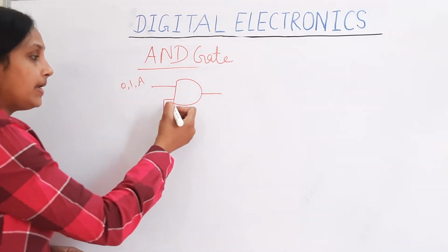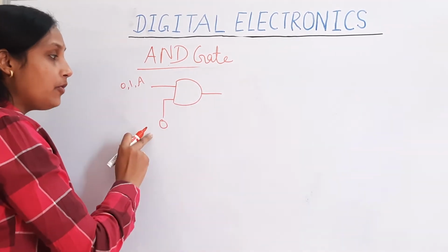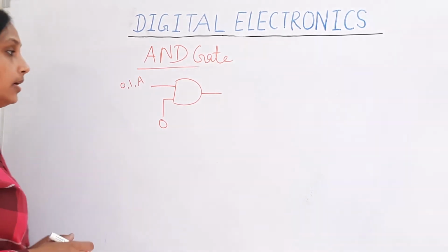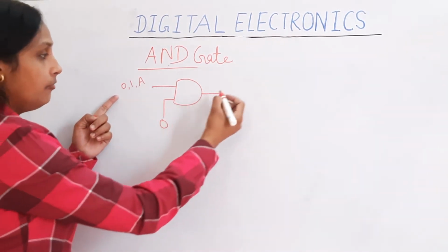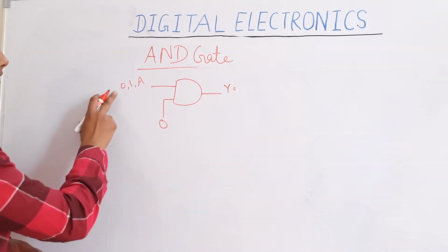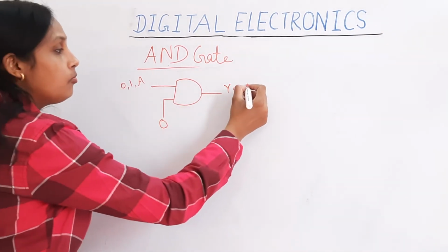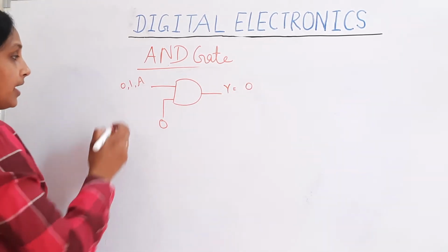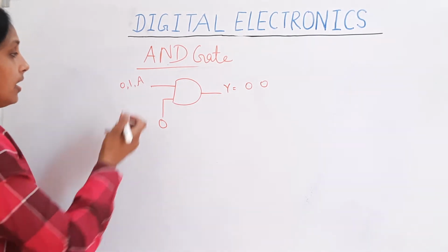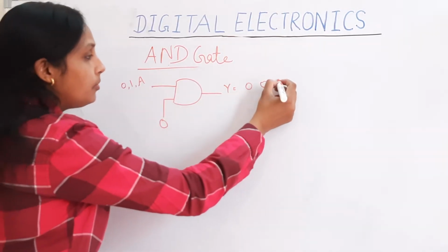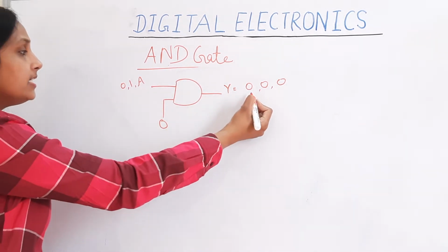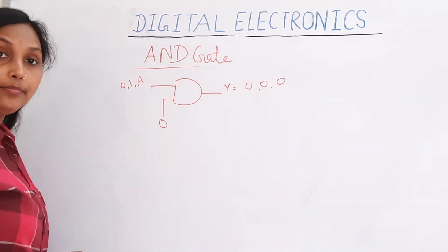Here we are applying 0 permanently: this pin is connected to logic 0, or low. Then what happens? We see at the output side. What will be the output for 0 and 0? The output will be 0. Then for 1 and 0, the output will be 0. And for A and 0, the output will be 0. What does it mean? The output doesn't change when you change the inputs.